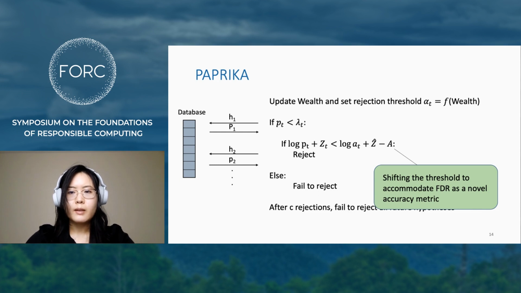However, to ensure that our algorithm satisfies the desired bound, we require that the reports of below threshold truly do correspond to the p-values that are below the desired threshold of t. To accommodate this, we shift our rejection threshold down by a parameter a, and a is chosen such that the algorithm satisfies epsilon delta differential privacy.